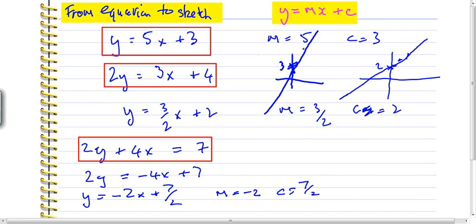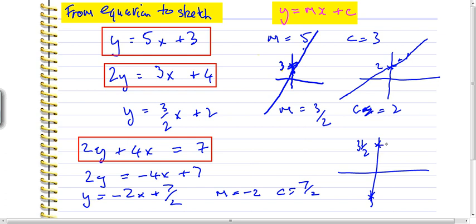So this time, if this is our axes, we're cutting at 3.5, so you'd mark that in as 3.5. And the gradient's minus 2, so this time it's negative.